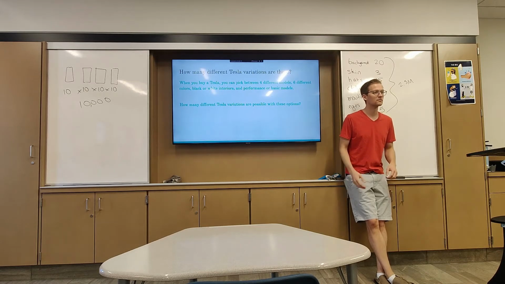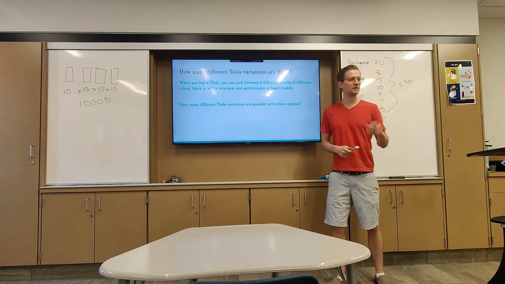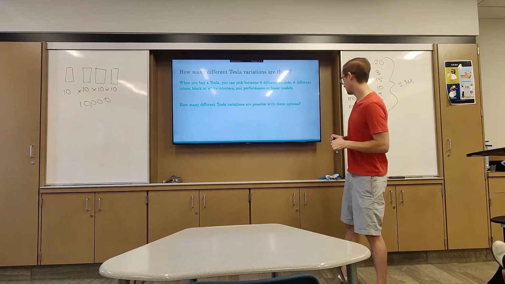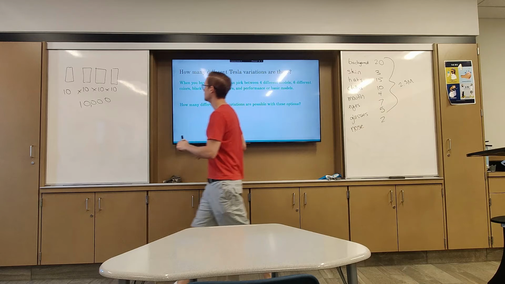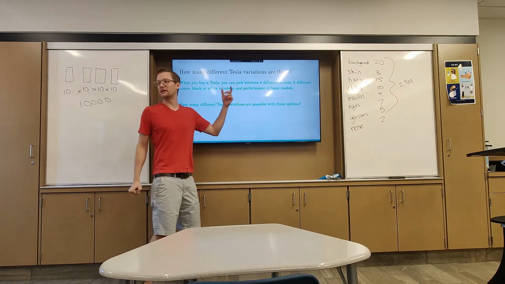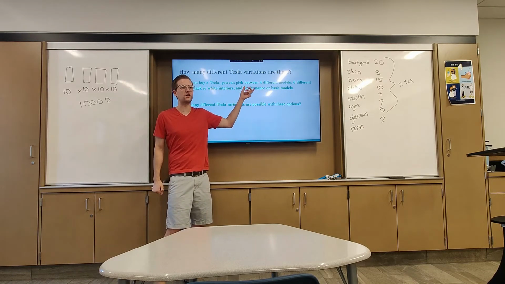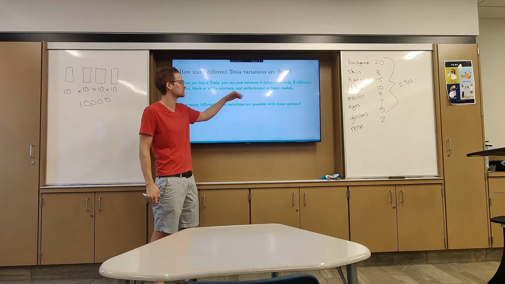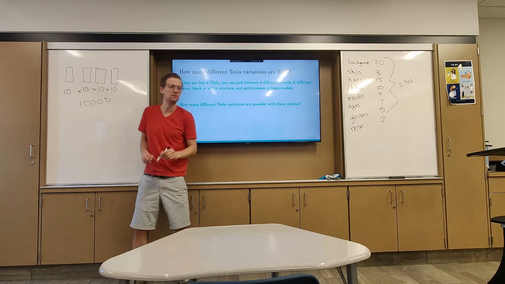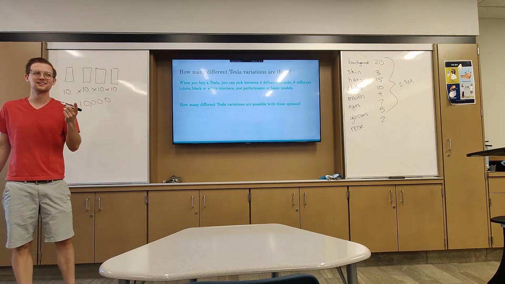How did you get 96? 4 times 6 times 2. So again, for each of your characteristics, you multiply the number of options you have for that characteristic. So you have 4 different models. What are the models?